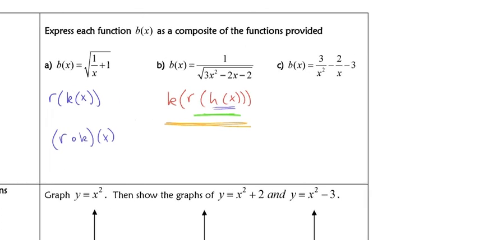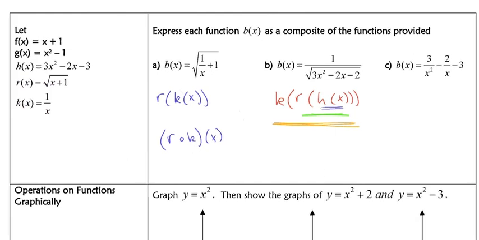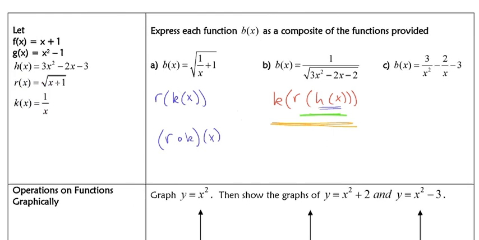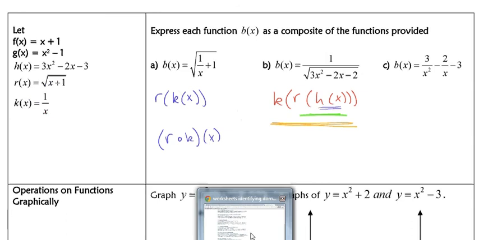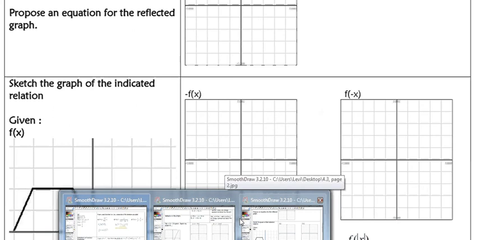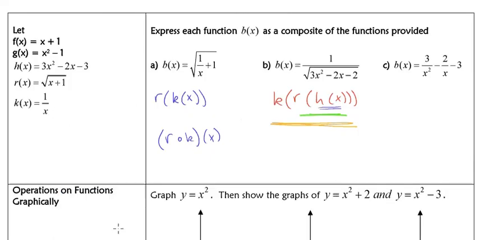C, and I actually can't see both of these at the same time. C looks like it's going to have, again, h involved there. I can see pieces of h, okay, I've got 3 over x squared minus 2 over x minus 3.